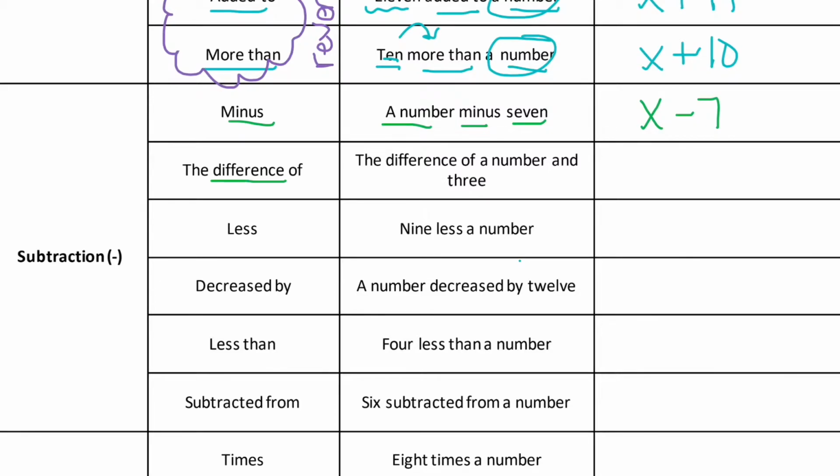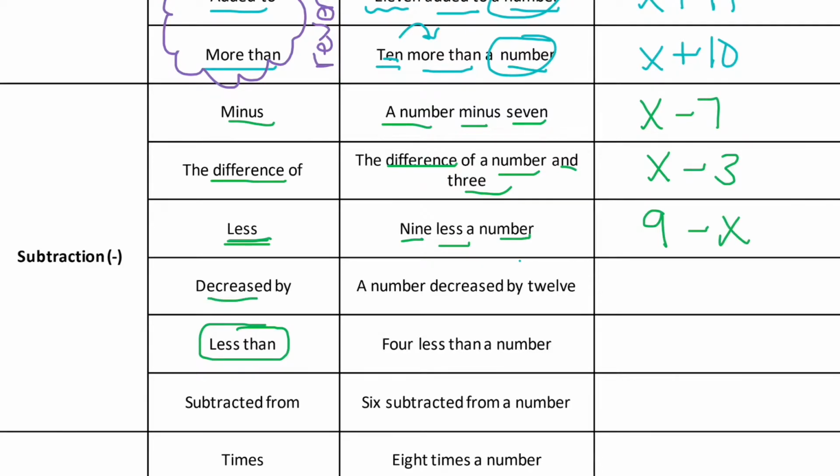So the difference of a number and 3 means X minus 3. Now, be very careful about this one that says less. You guys are probably used to seeing less than. That's something different. If it just says less, 9 less a number means go in order. 9 minus X, okay?